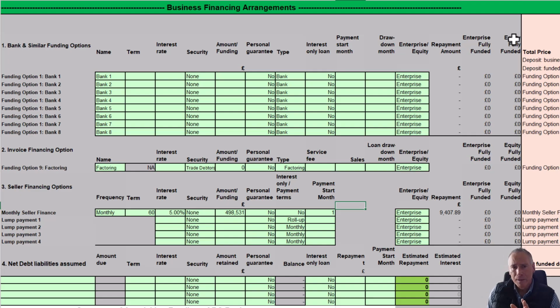And that's probably a good point to pause just to understand the difference between enterprise value and equity value. A good way of doing this is to think about buying a house. If you were to buy a house, the agent would value that house at, let's say, £500,000.